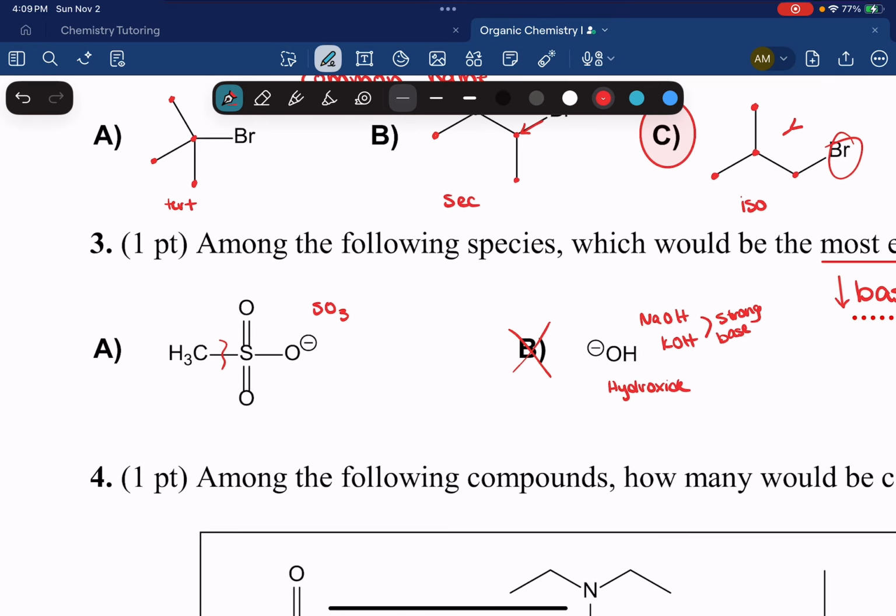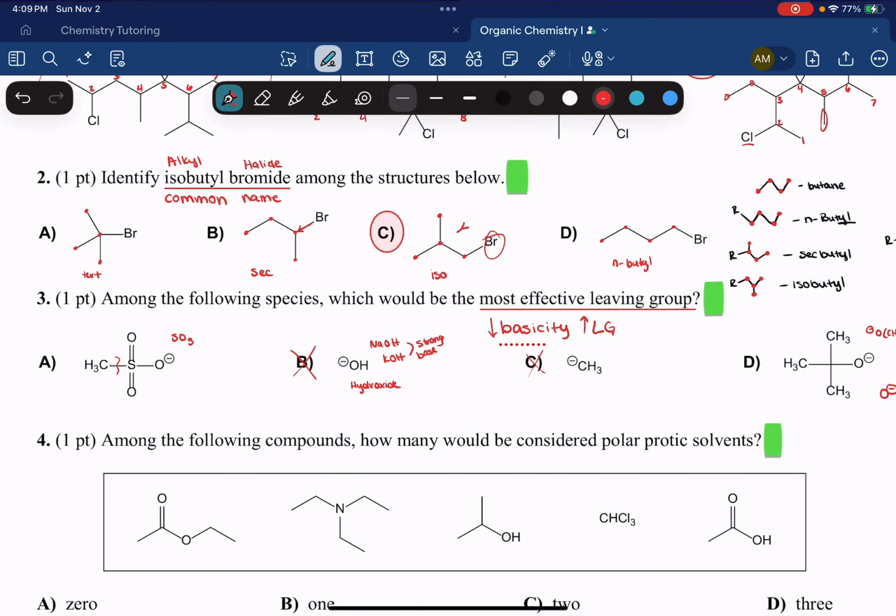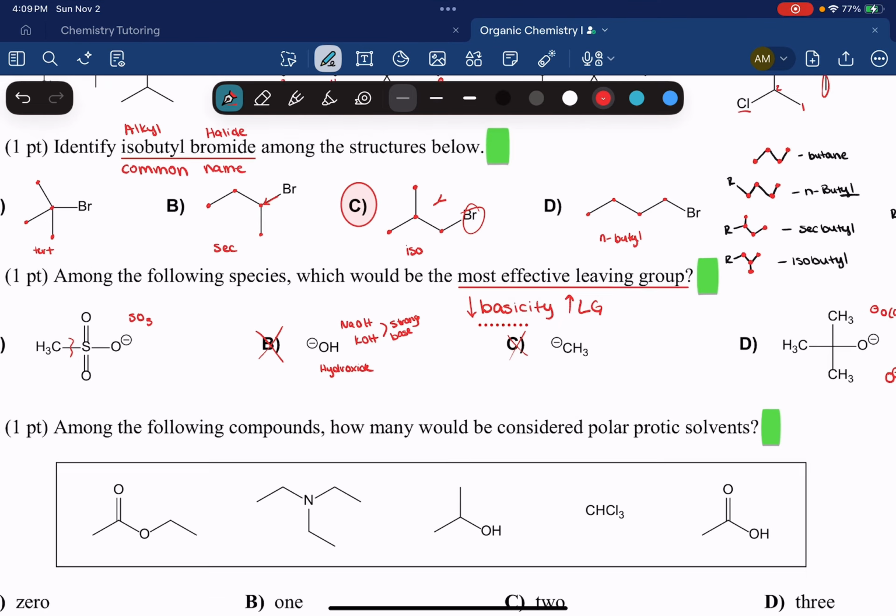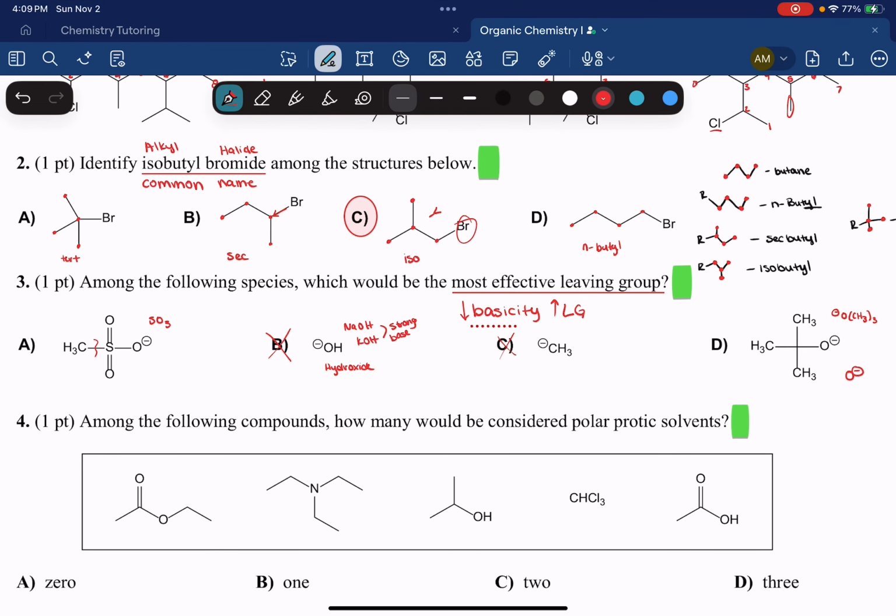Okay, anyways, looking at these leaving groups, we're comparing these oxygens. Another thing that makes a good leaving group, let me pull up my old notes real quick. Okay.